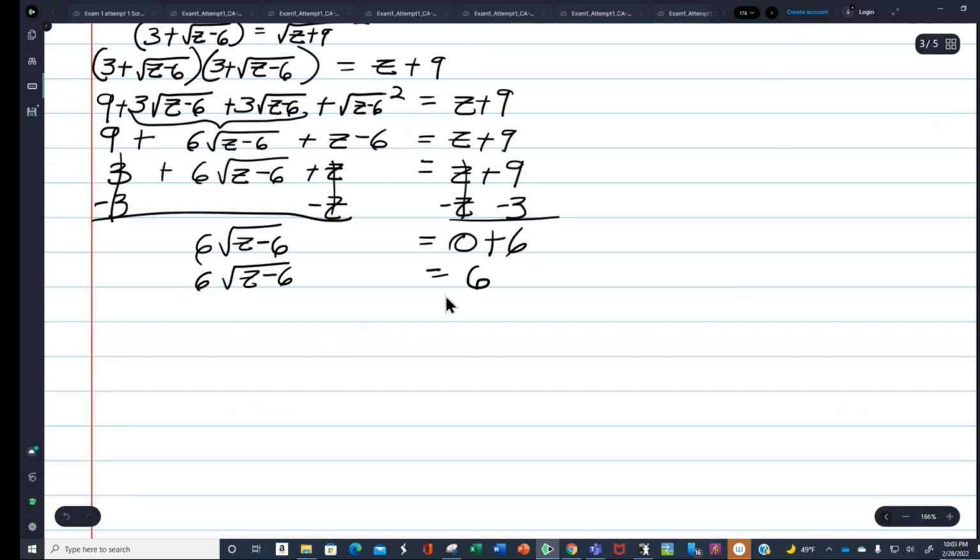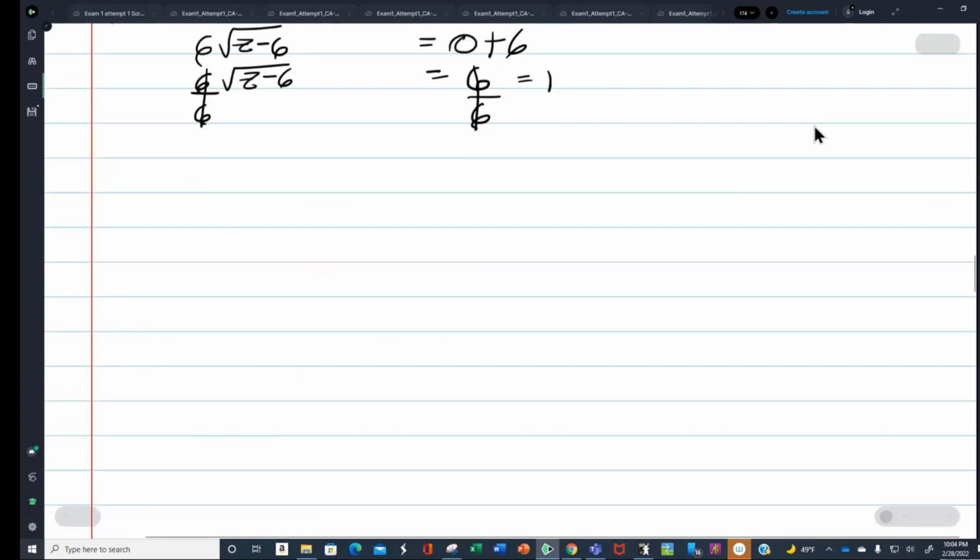And now this 6 will go into that 6. So let's divide both sides by 6. There's a 1. Yeah, 6 divided by 6 is 1.